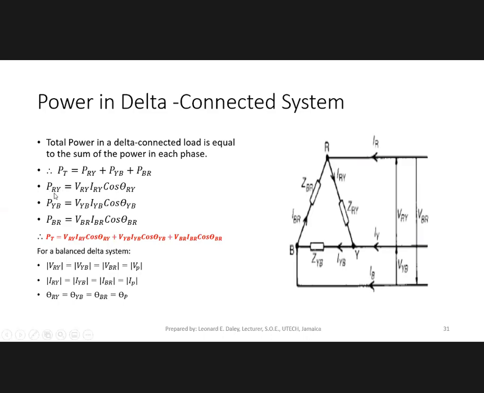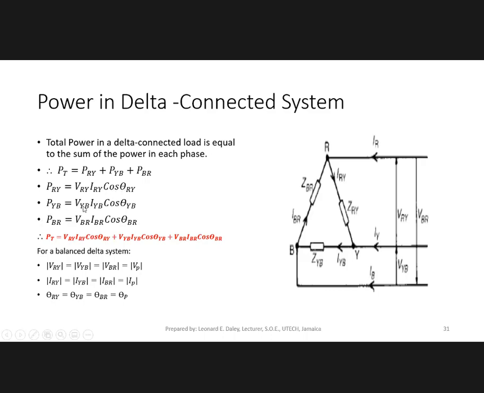PRY would be equal to VRY times IRY, so phase voltage times phase current, times the cosine of the angle between the voltage phasor and the current phasor.